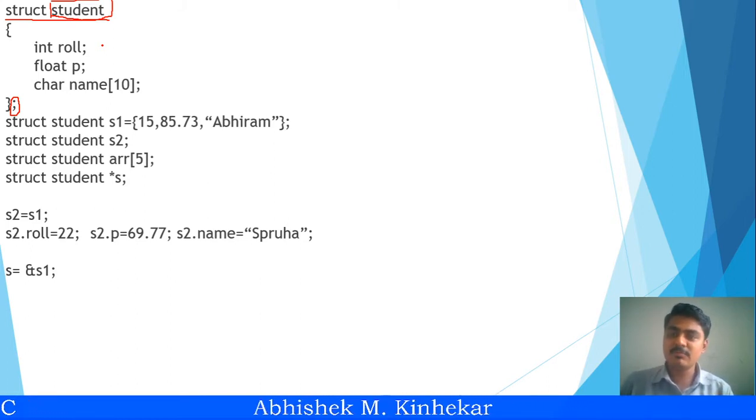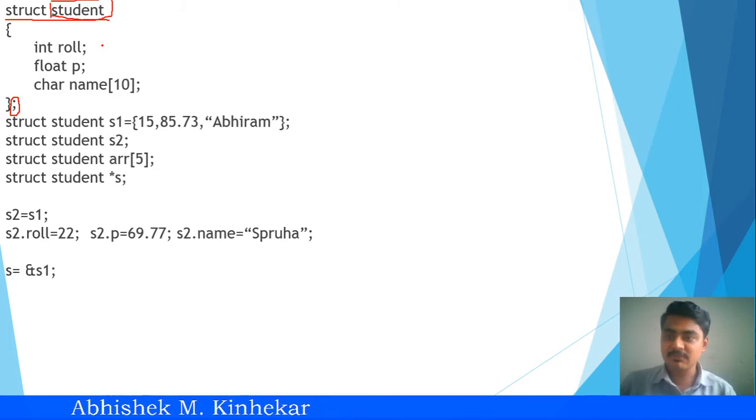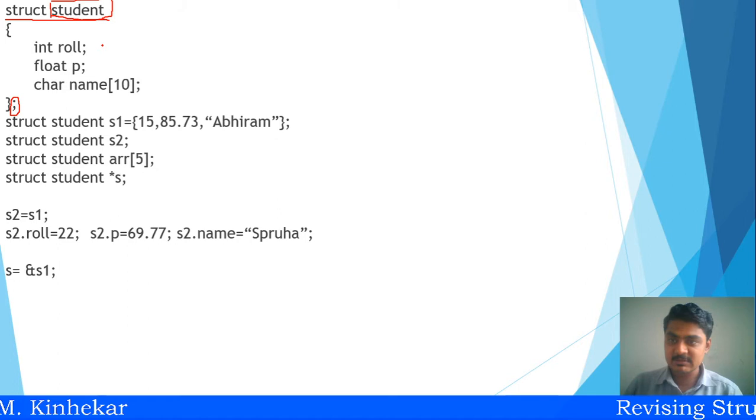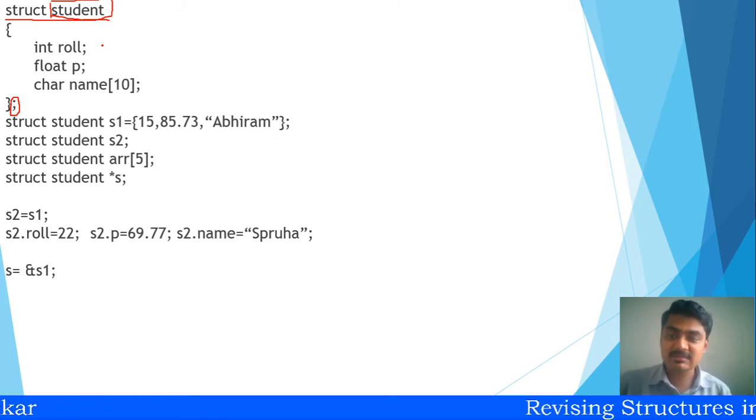You cannot write float p or p is equal to 73.23. You cannot do that. Why? Because they are now members of a structure, and members of structures are not accessible outside the structure directly. Now to access these things outside the structure, what do you need to do? You need to create structure instances.